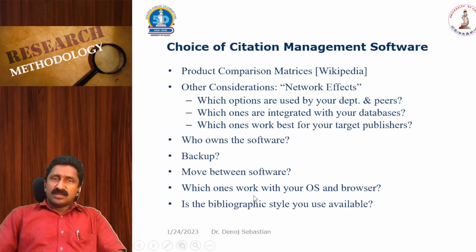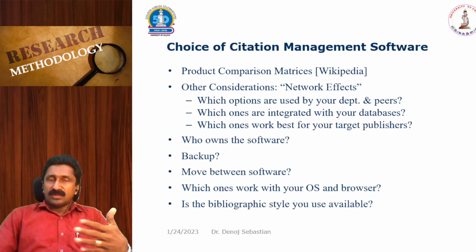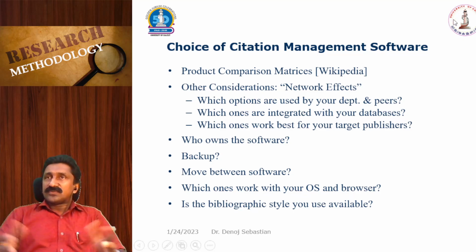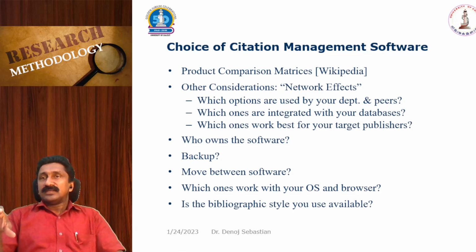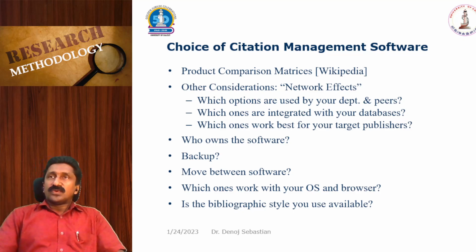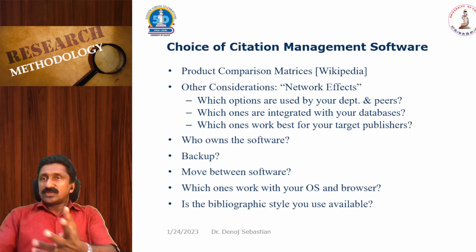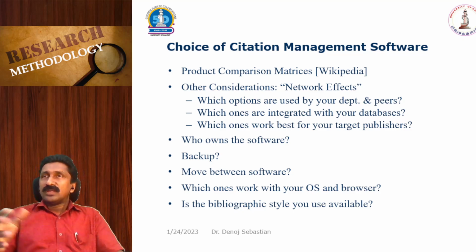And which one works with your operating system and browser. For example, in some cases, for example Linux, EndNote may not provide support for Linux. It's a proprietary, Windows-based software. So if your department is working exclusively with Linux, you can't install EndNote. Whereas Zotero and Mendeley provide Linux versions also.